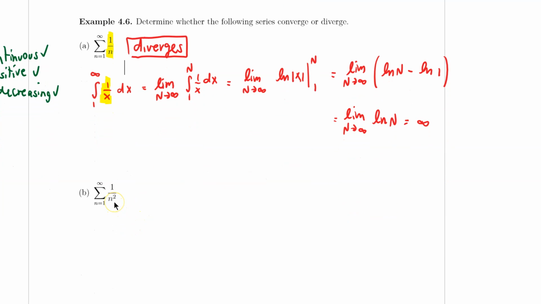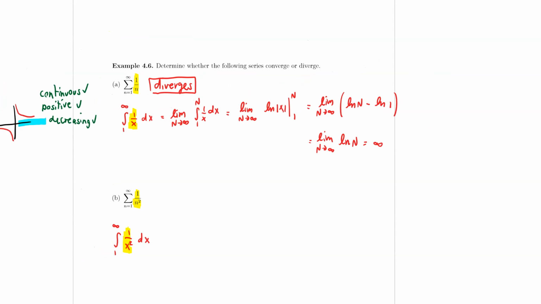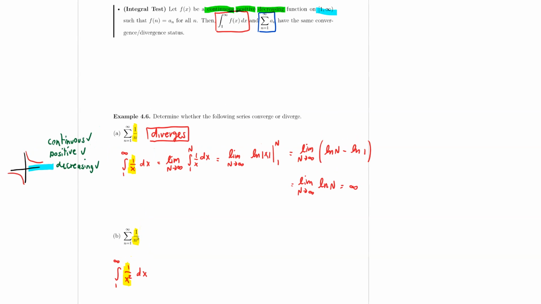So let's take a look at the next one. I have 1 over n squared, and I'd like to sum this from 1 to infinity. Once again, I'm going to change my variable to x, 1 over x squared, and integrate from 1 all the way to infinity. Before I can use the integral test, I have to check if my function 1 over x squared meets all the 3 conditions.